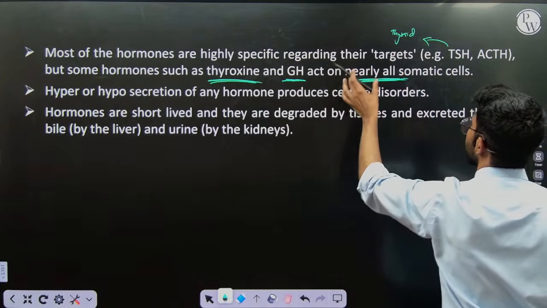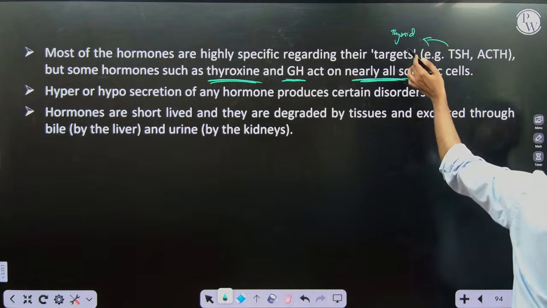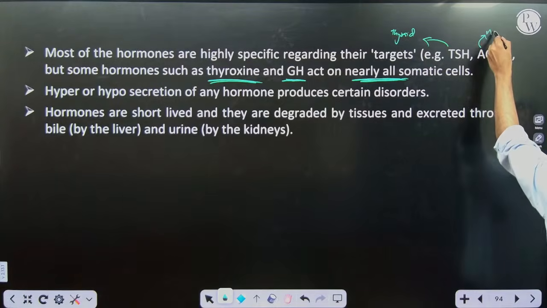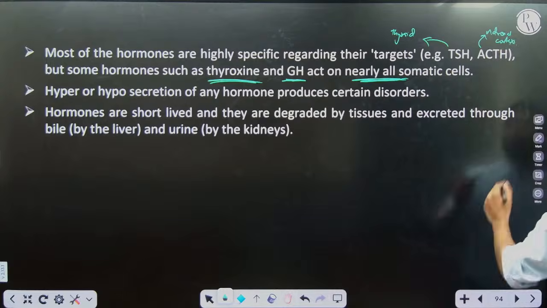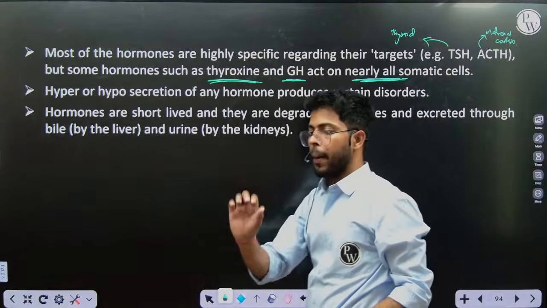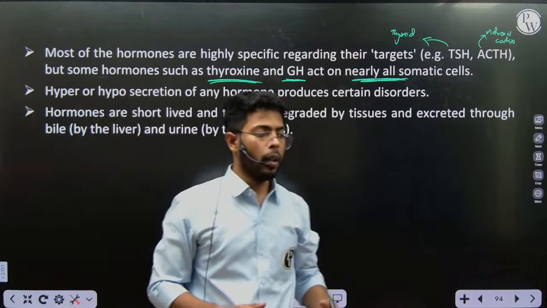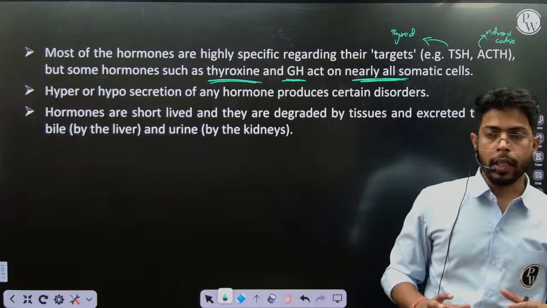That means the receptors will always be present at the thyroid gland. ACTH will always act on the adrenal cortex. So they are highly specific, but thyroxine and growth hormone target all the cells of the body.